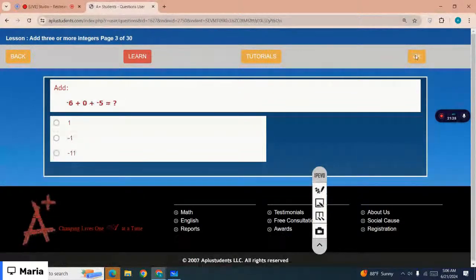Negative 6 plus 0 plus negative 5, which is the correct option? That is negative 11. Option number 3 is the correct option. Got it?